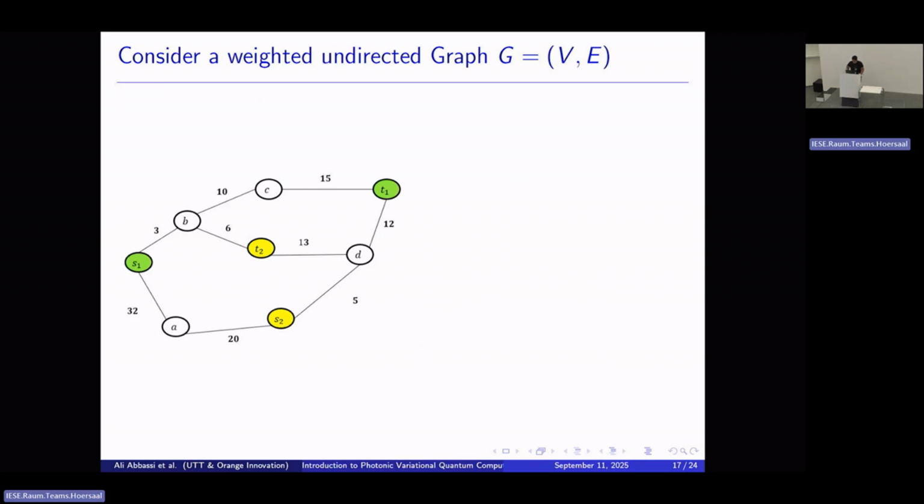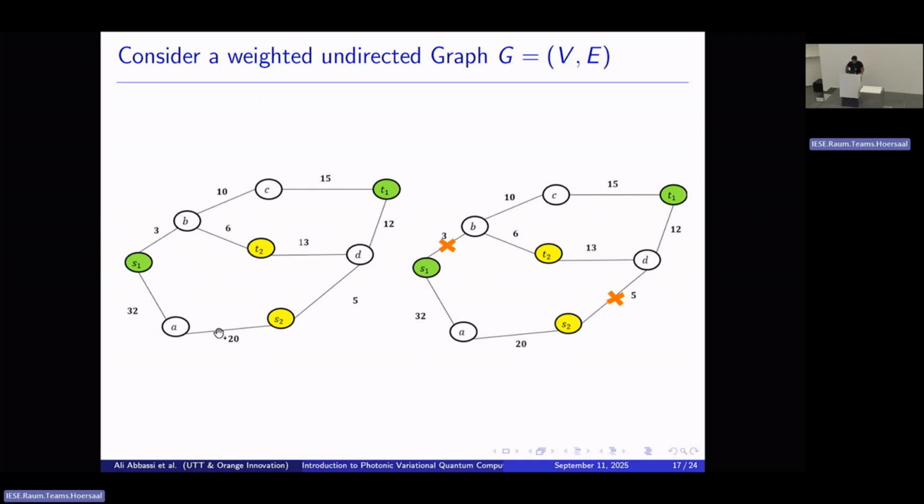And so the idea is, let's have a look at what quantum can do. In this case here, if we want to isolate S1 from T1 and S2 from T2 with the minimum cost, the edges we should remove are the edges here and there.